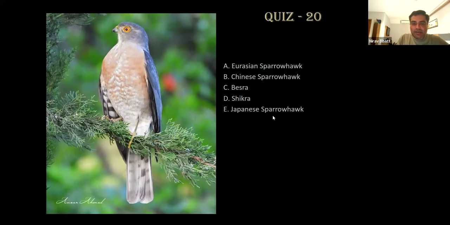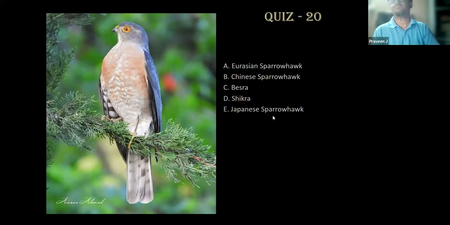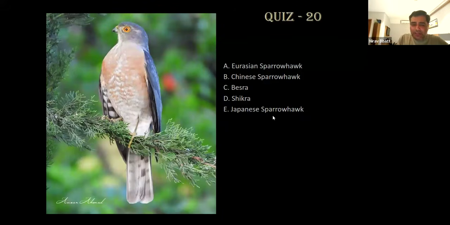So Japanese Sparrowhawk, we have seen it earlier also. Japanese Sparrowhawk is a very similar looking bird to Besra. But an adult Japanese Sparrowhawk would have red colored eyes. This is a proper adult bird. So the red colored eye makes it different. That is why the location where the photograph is taken is also very important.